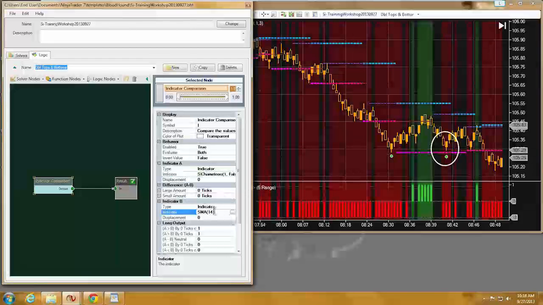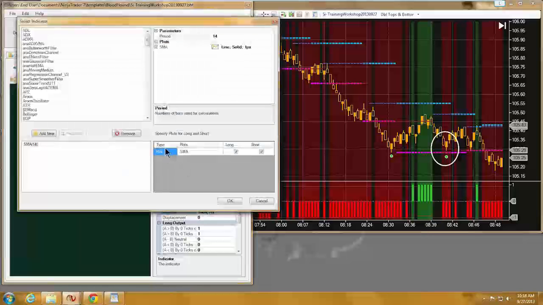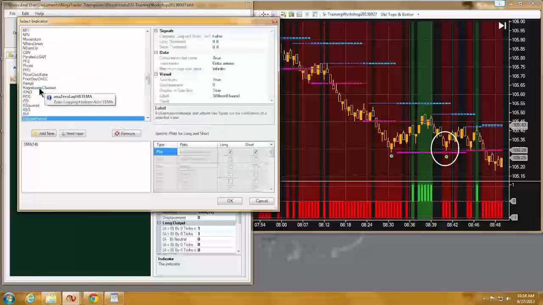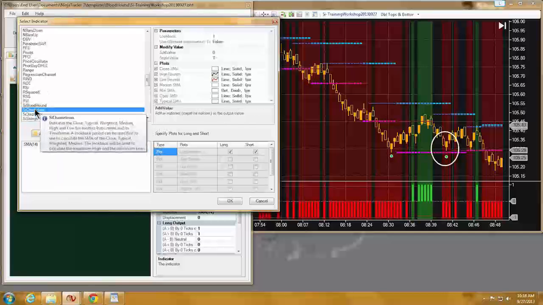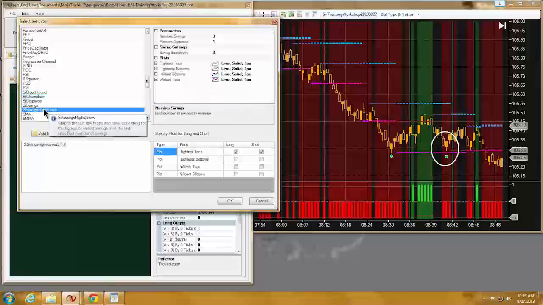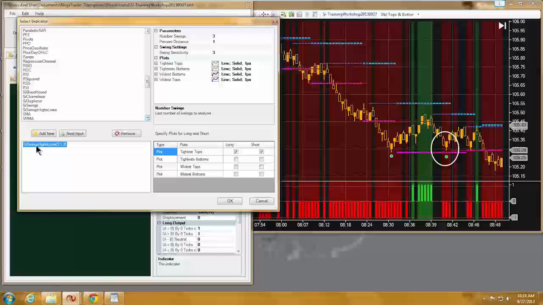All right. And the next indicator, B, is going to be our swings highs lows indicator, so we can compare against this widest bottom plot. Keep in mind with the swings highs lows indicator, as I pointed out last week when I showed this, I have modified my plots.